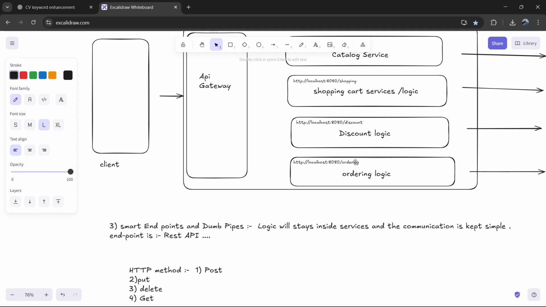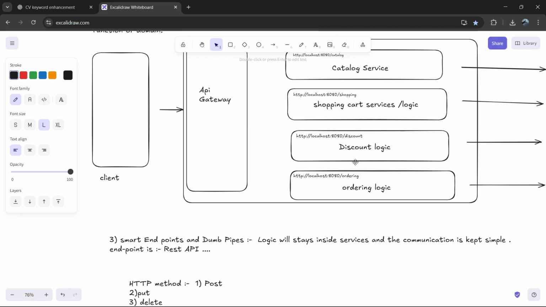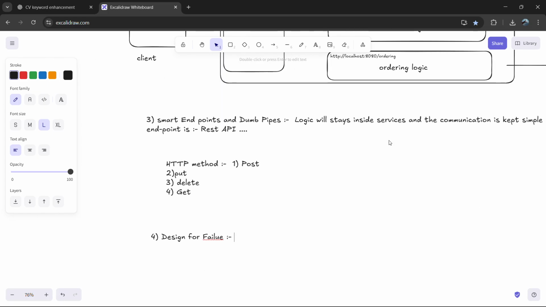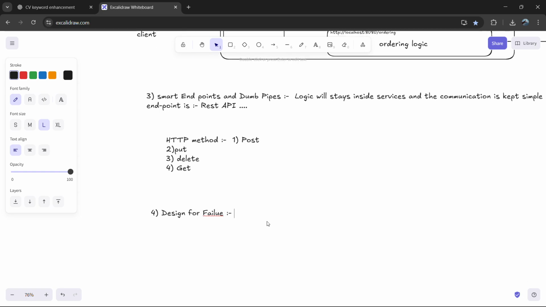There is a possibility of a service crash, that your catalog service got crashed due to traffic, or your network may go down, or the database might not be working. So the principle of design for failure says that the system should always assume something will go wrong and be prepared for it. Instead of building a perfect system that never fails, developers build a system that can recover quickly from failure.